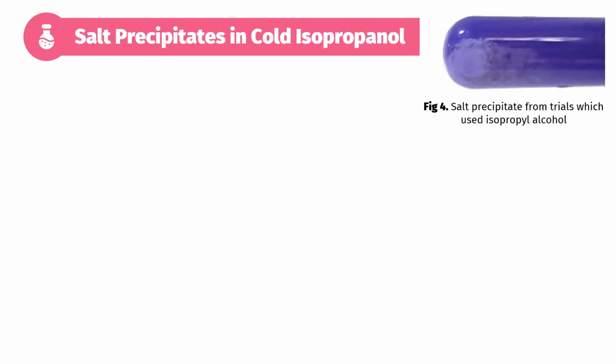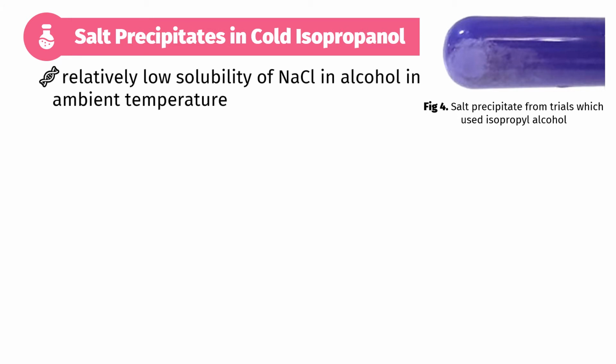Not only DNA may be precipitated when cold alcohol is added. Due to the inherently lower solubility of sodium chloride in isopropanol, salt precipitates are formed in the trials wherein cold isopropanol was used.